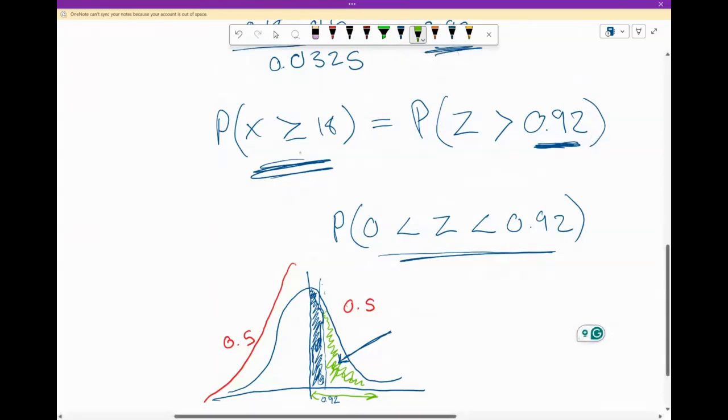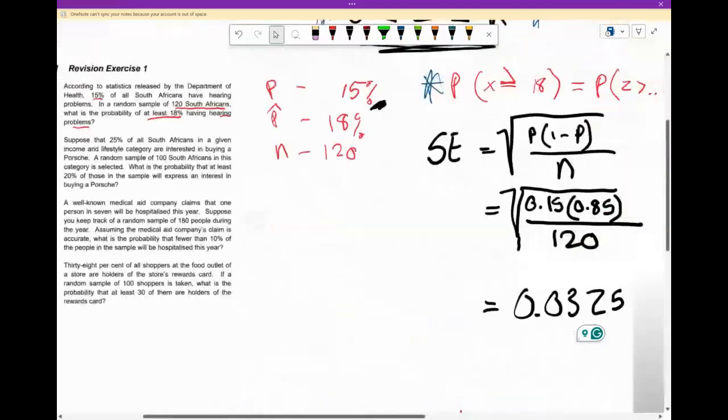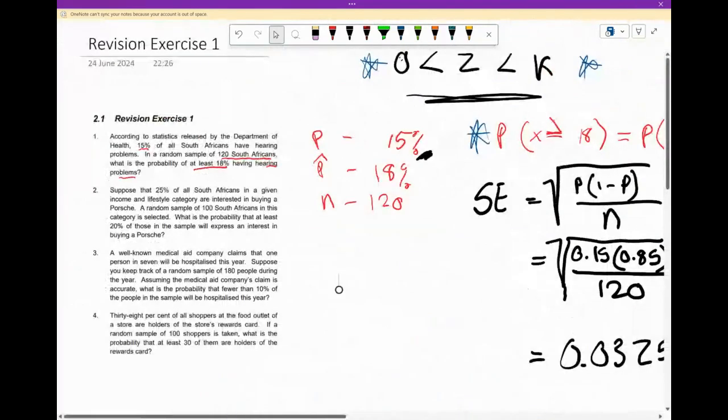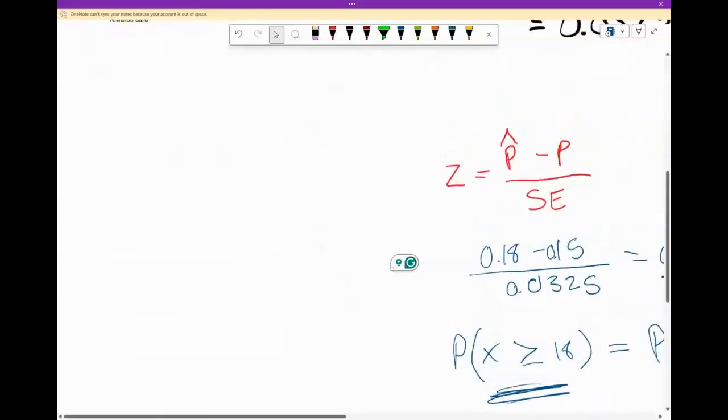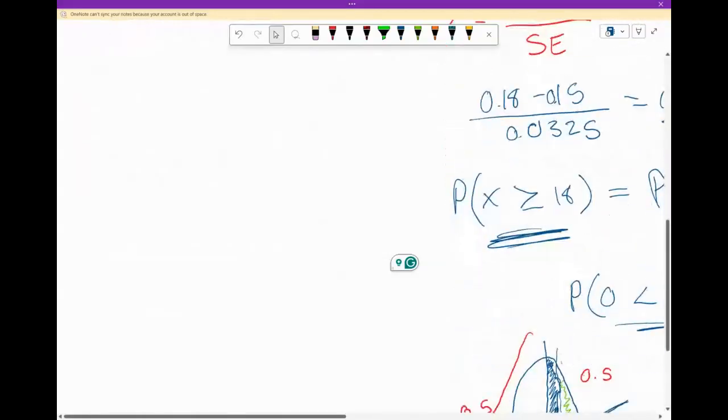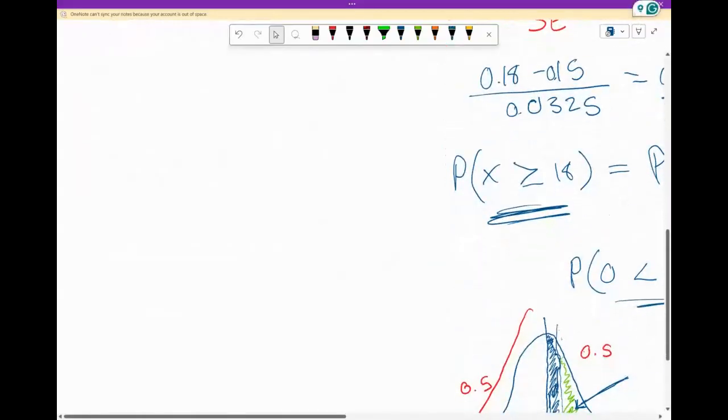Let's go to the actual question. What is the probability that at least 18% of that 120 sample have hearing problems? If we're saying at least 18%, that means 18% and more.